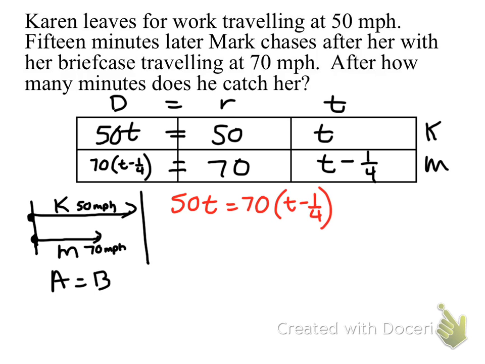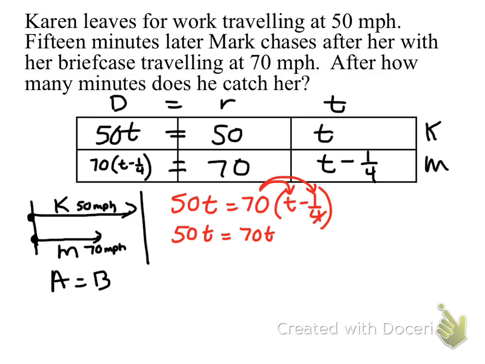Okay. Now, what would I do? You would distribute. We're distributing. And so I get 50T equals 70T. And now I can cross cancel or leave it whole. I think I'll cross cancel.